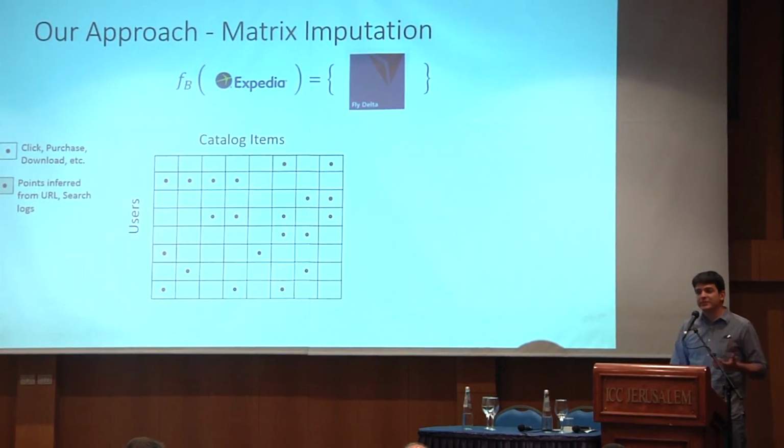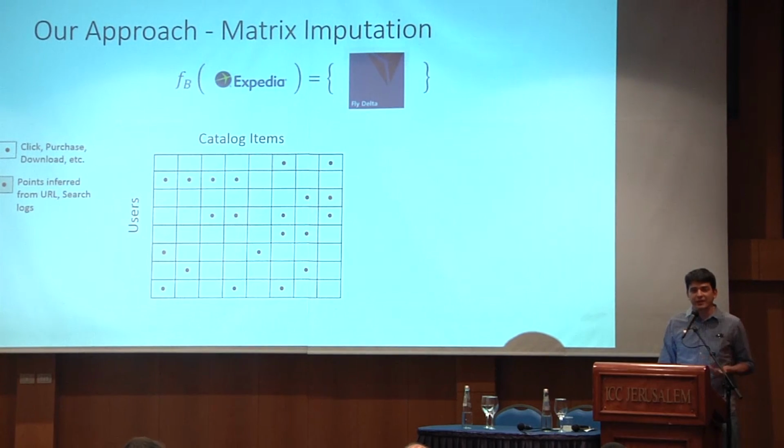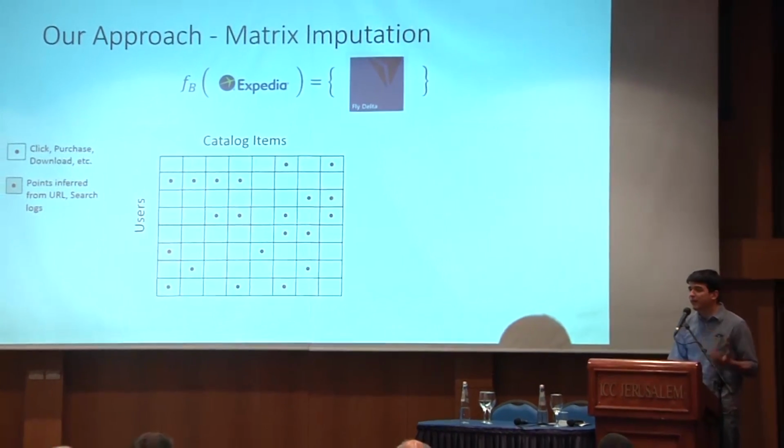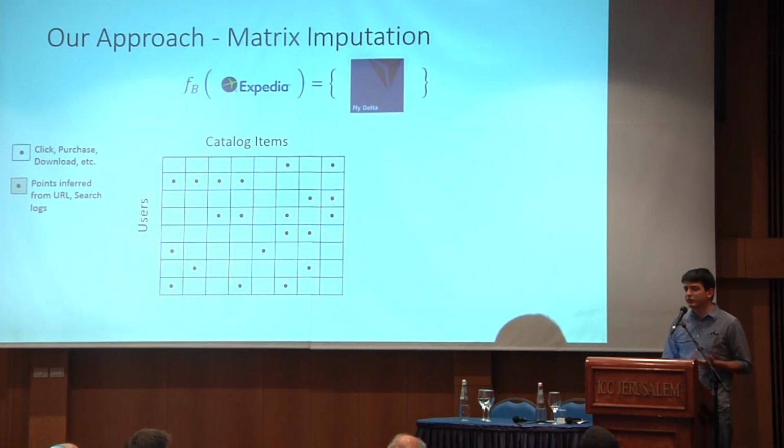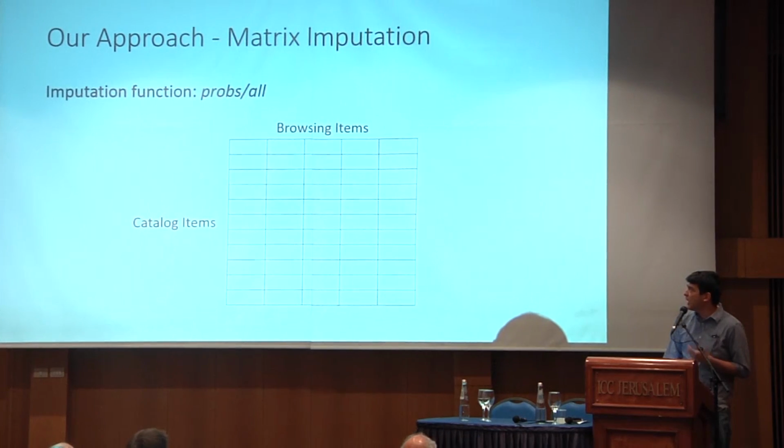Okay, of course, this approach is only as good as the imputation function I choose. In the paper, we experimented with several such imputation functions, but I'm going to describe one to you, and it's called prob/all. And to understand this function, let's consider an entirely different matrix, where now the rows are indexed by the catalog items, and the browsing items index the columns.